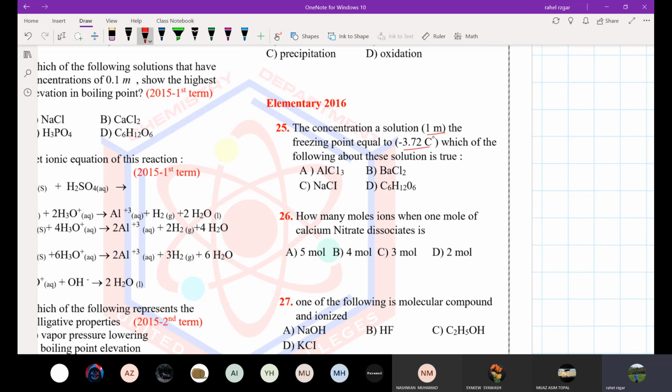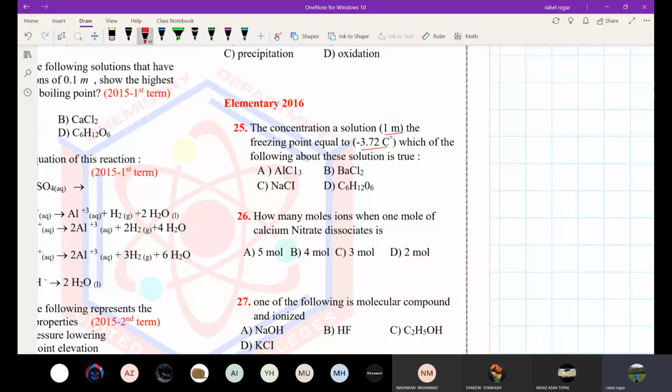If we solve the question, delta Tf is equal to Kf times molality times factor. Delta Tf is given as minus 3.72. Kf is minus 1.86, times molality 1. The only thing that we don't have is factor. So factor, this one divided by this one, is equal to 2.